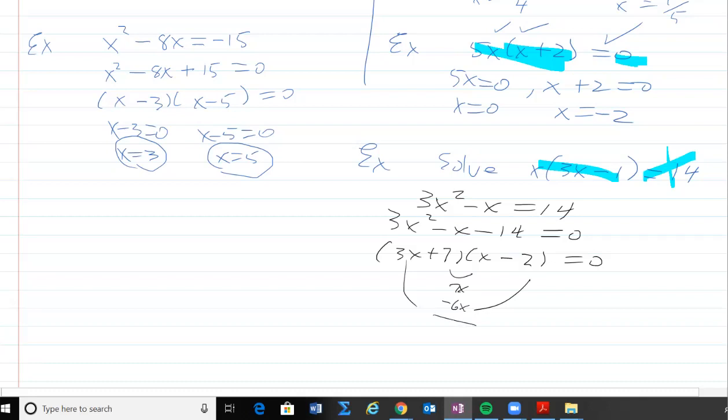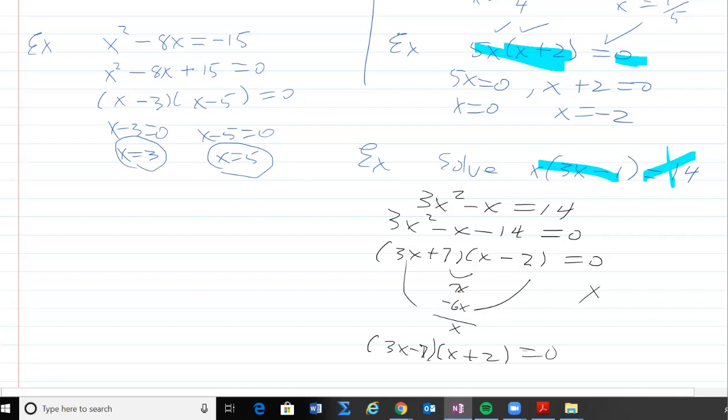Now that gives me a 1x, so I'm close, but I got my signs backwards. So we'll make that minus 7 and then x plus 2. The only thing that will change is the sign in the middle, and that'll give me what I need.